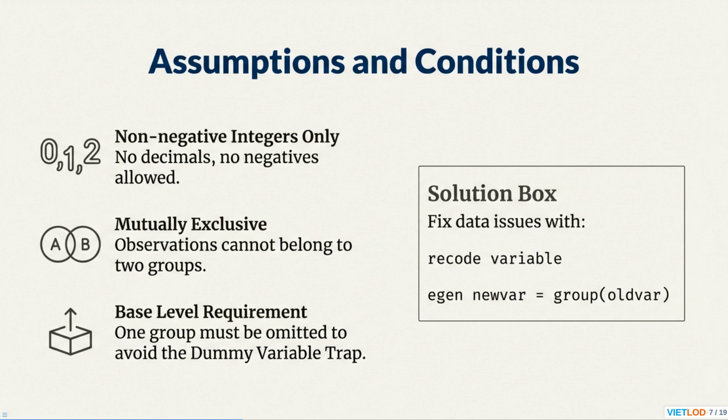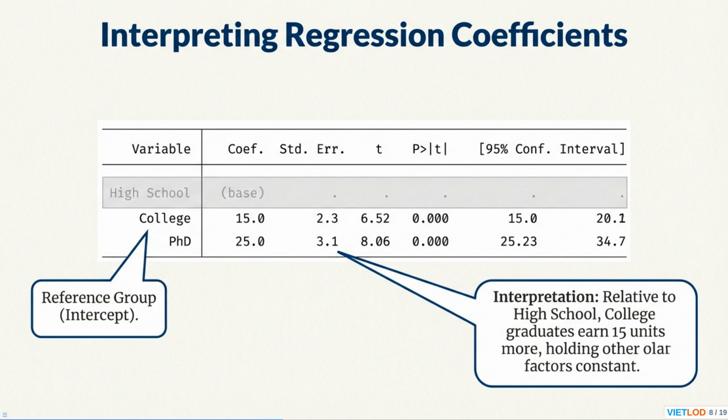Finally, to avoid the dummy variable trap, a state of perfect multicollinearity, one group must be omitted to serve as the base level for comparison. If your data has issues, such as being stored as strings or having gaps, use the solution box methods, the recode command for manual fixes, or the EViews group command to automatically create a clean set of integer categories.